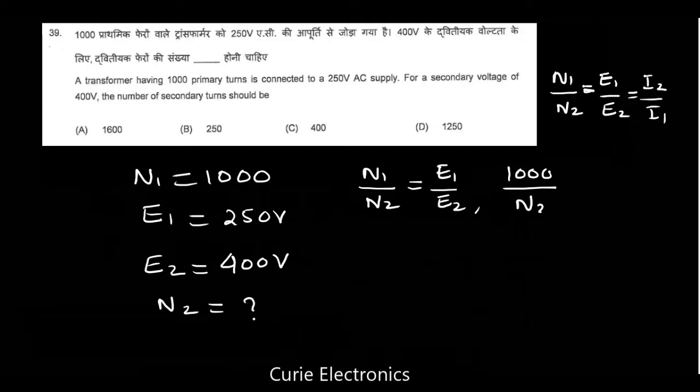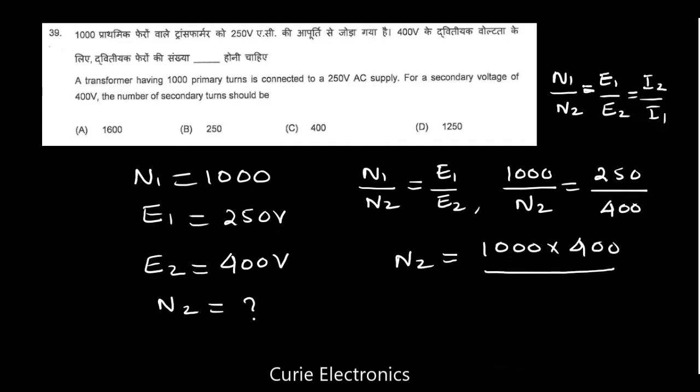E1 equals 250, E2 is 400 volt. So it is a step up transformer. N2 equals 1000 multiplied by 400 upon 250. So it is 4 multiplied by 400, we will get 1600. So the answer is 1600, option A.